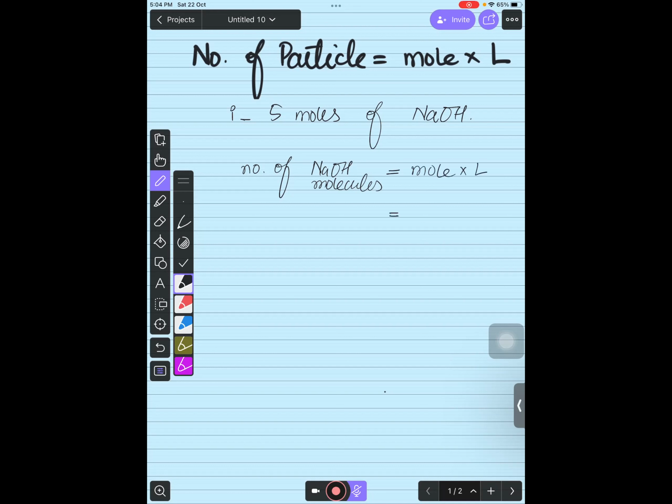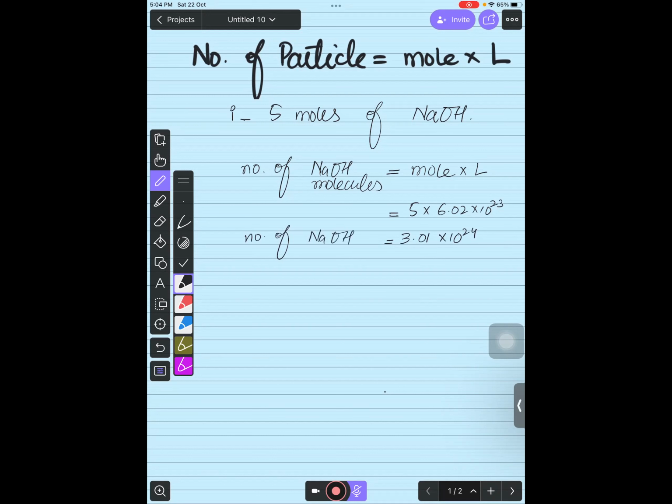So it will be 5 into 6.02 10 raised to the power 23 particles, which is 3.01 10 raised to the power 24 sodium hydroxide molecules.